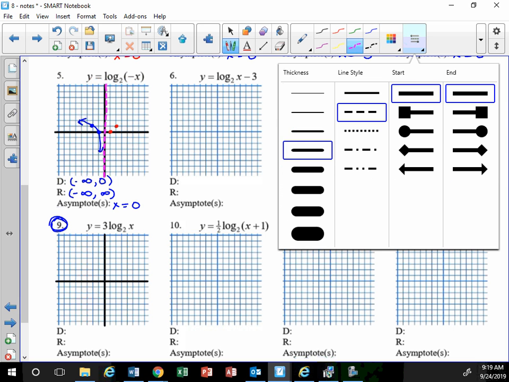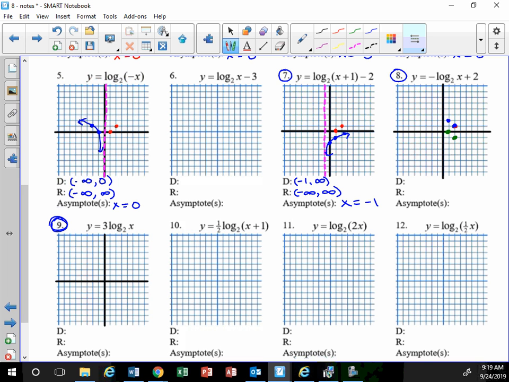Your asymptote does not move. And there's your graph. You guys do okay on that one? I feel like the flipping ones are the hardest. Range, numbers, asymptote 0, no change there. Any issues on 8?